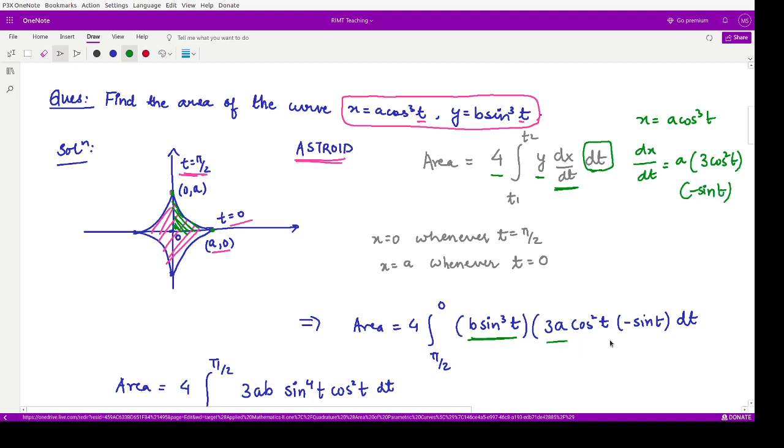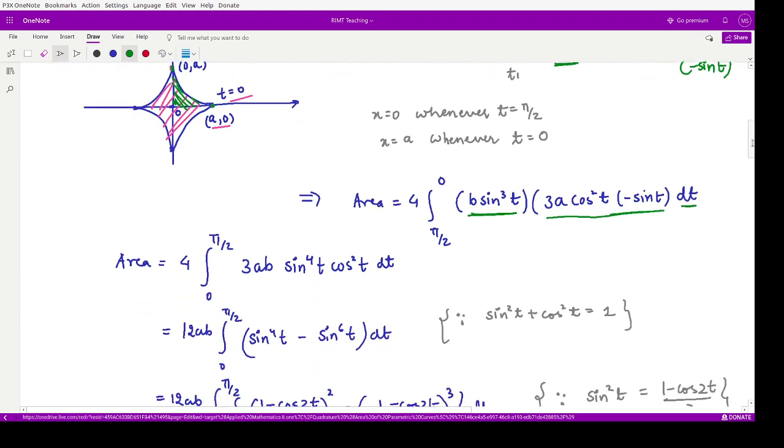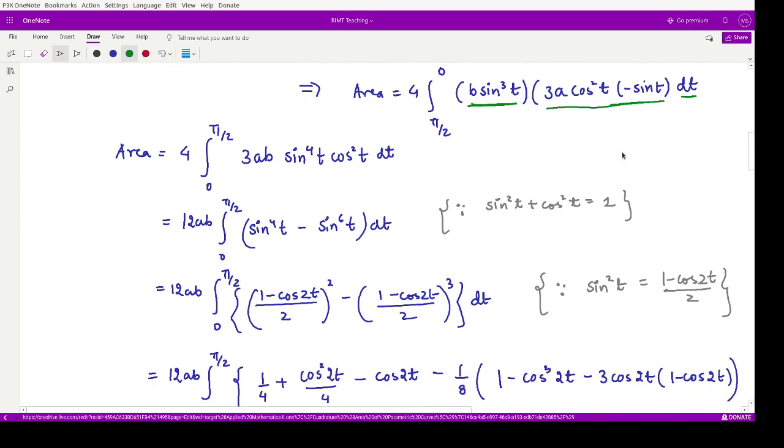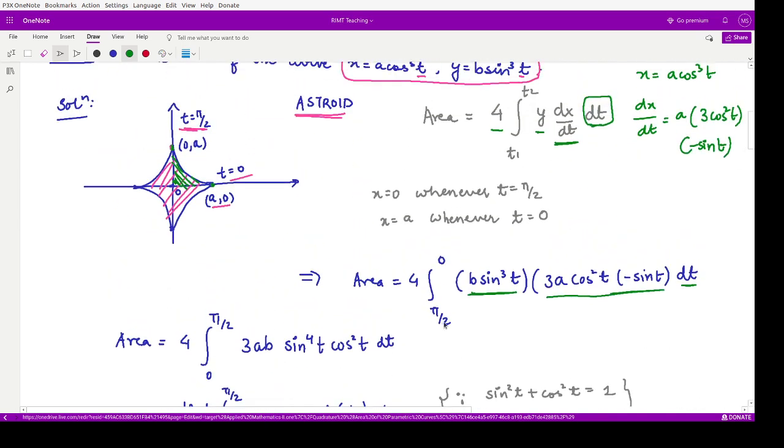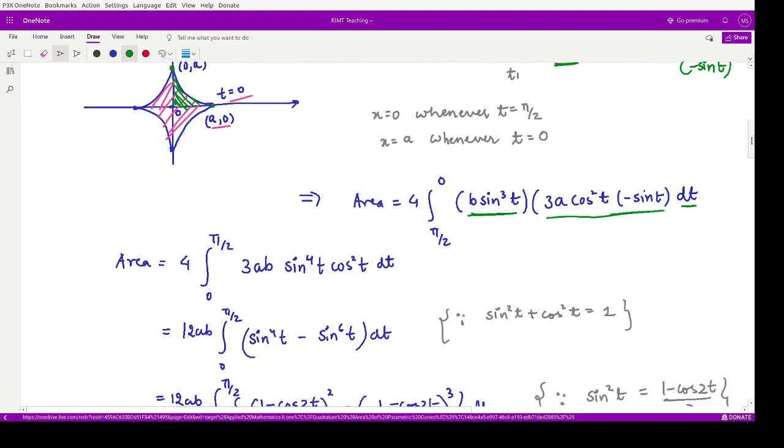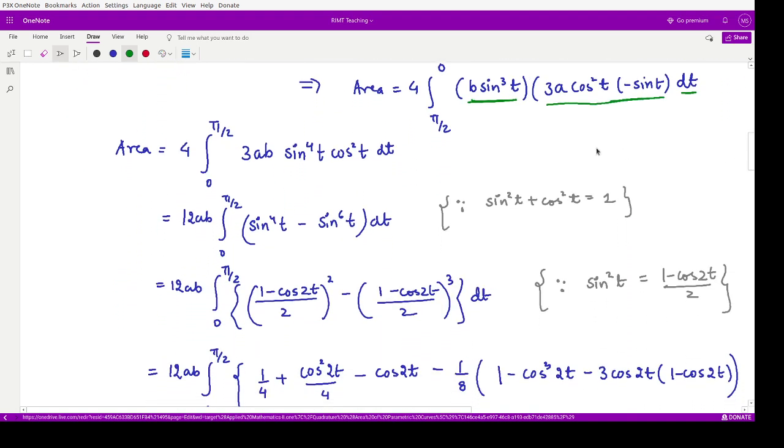So this is the derivative of x with respect to t. We have to simplify this and perform the integration. Remember that the limits here are not from 0 to pi by 2, but from pi by 2 to 0, because we are moving from this point to this point in the first quadrant. So we can simplify this.